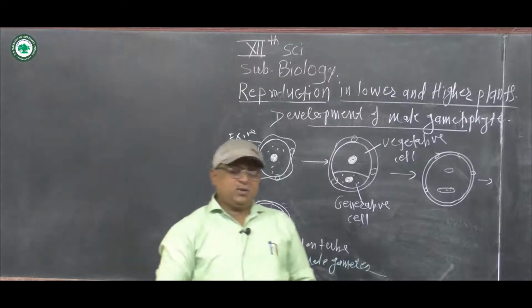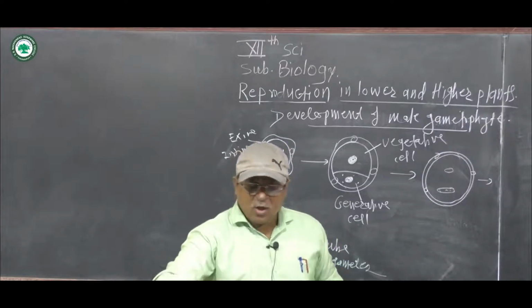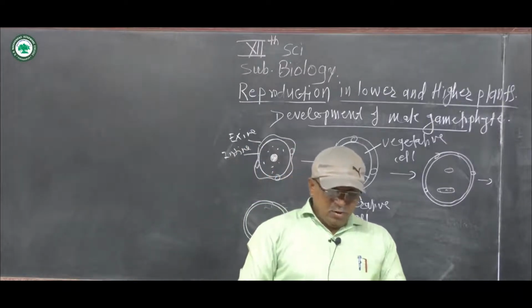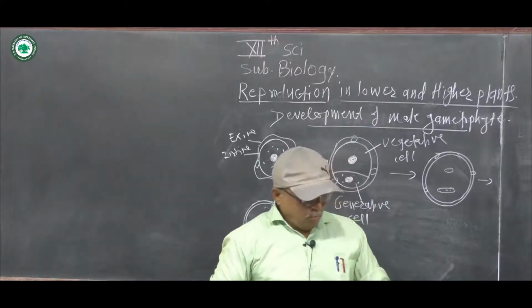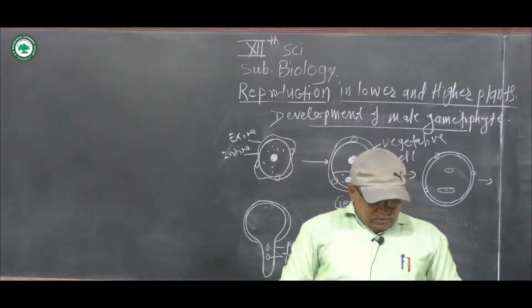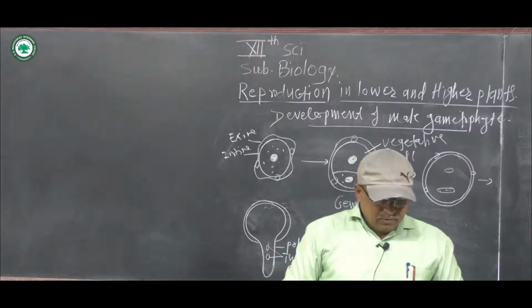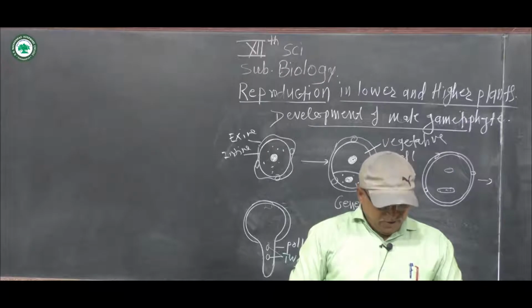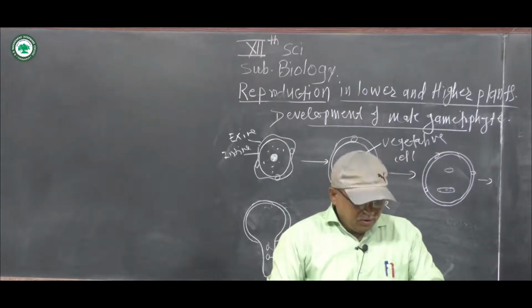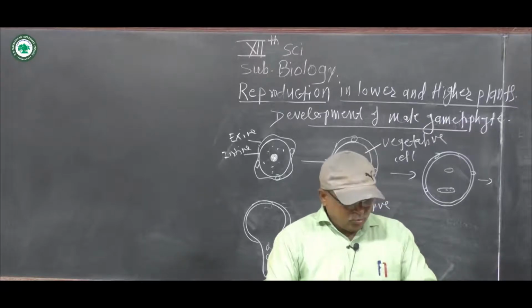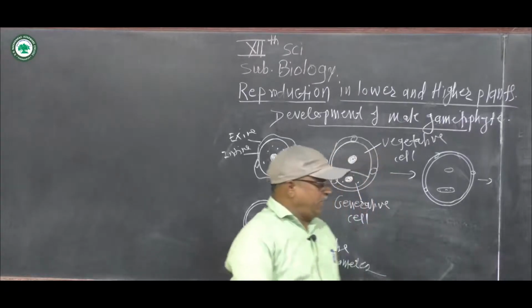In this way, these two male gametes are non-motile and developed from the generative cell, which flies into the cytoplasm of the vegetative cell. Second mitotic division is concerned with the generative cell only and gives rise to two non-motile male gametes.